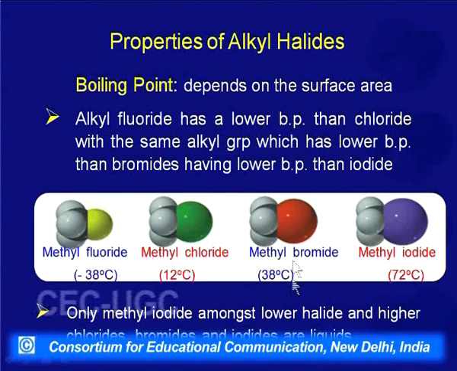So, if we consider the lower halides, that is methyl fluoride, chloride, bromide or iodide, we will find only methyl iodide is liquid, whereas the higher alkyl halides, that is if I talk of ethyl chloride or ethyl bromide or iodide, of course is a liquid.